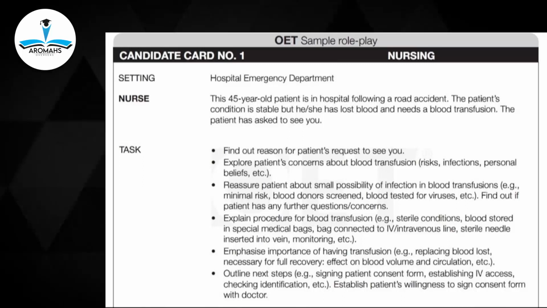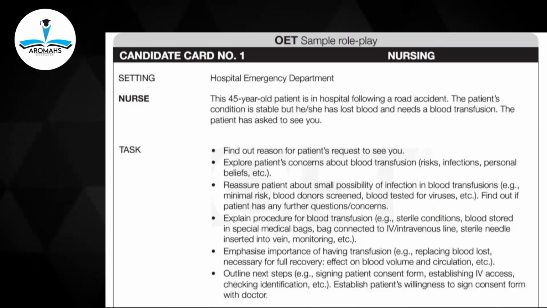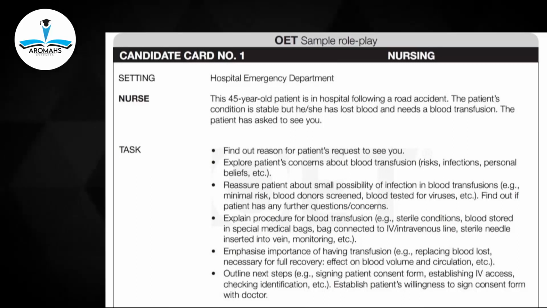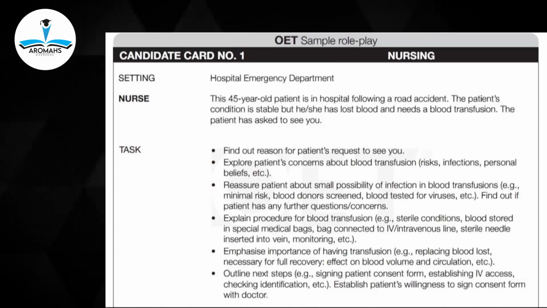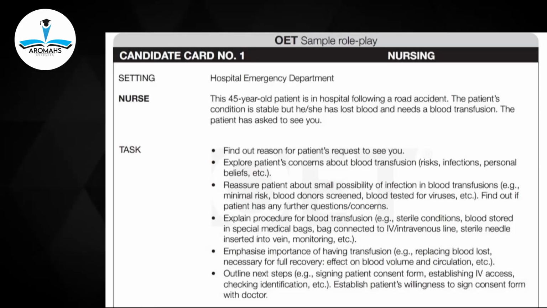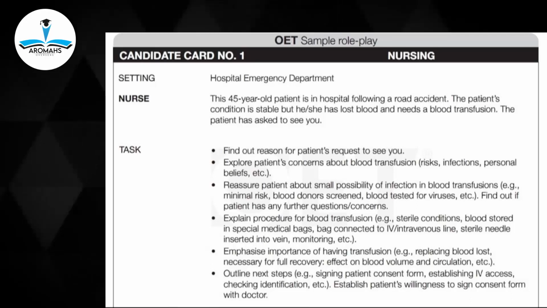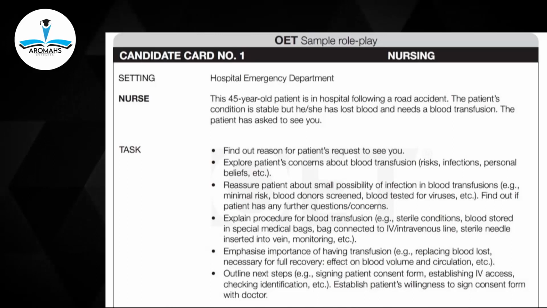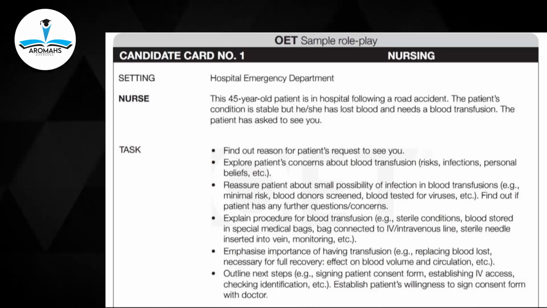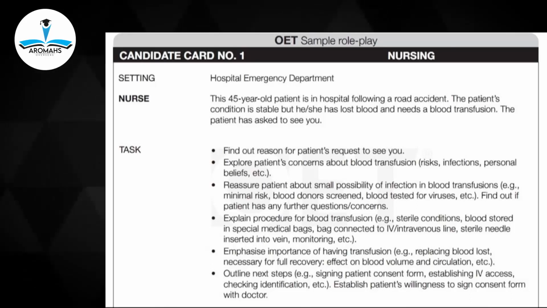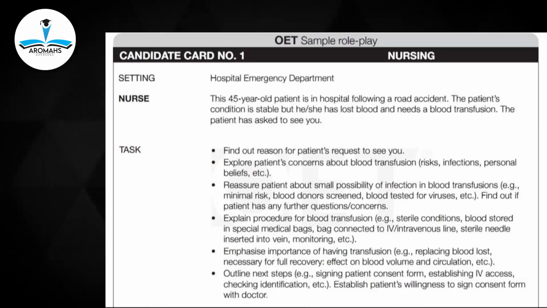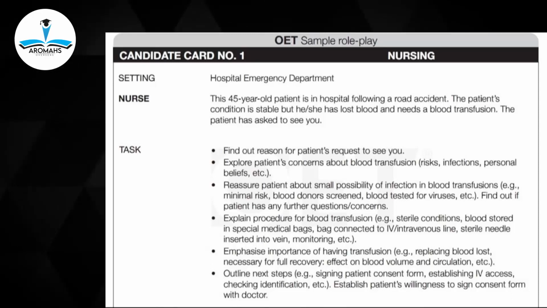It will be made clear if the interlocutor is taking on the role of the patient or somebody acting on behalf of the patient, that is, the patient's carer, parent, etc. The bottom half of the role play card contains information to assist candidates about what they need to mention during the role play. Each role play card contains approximately 100 to 150 words. This is all about the role play card.